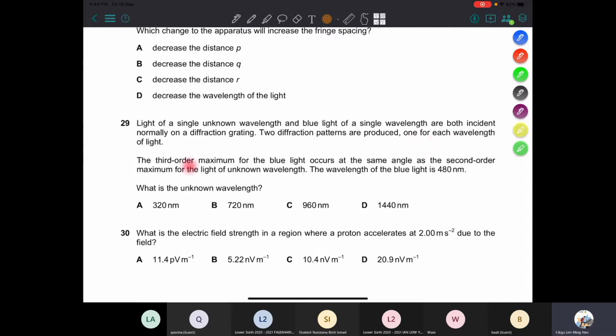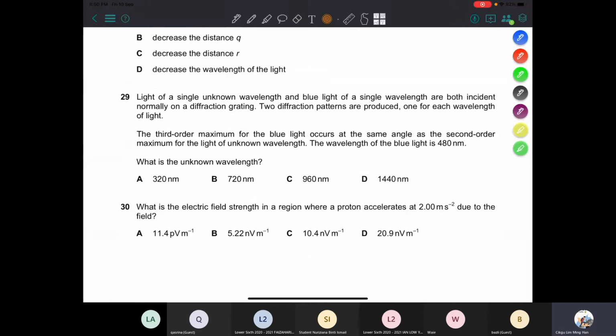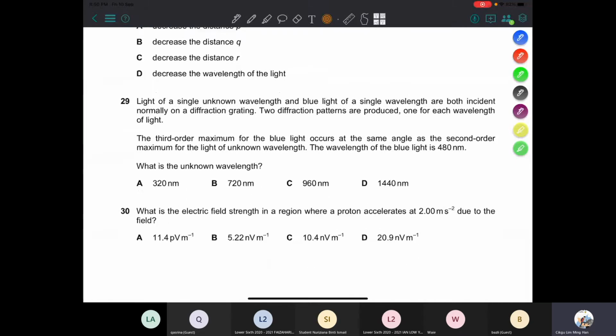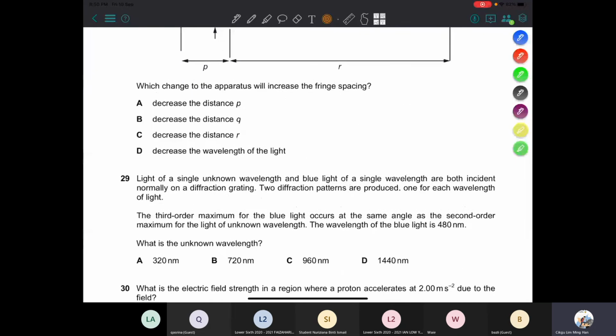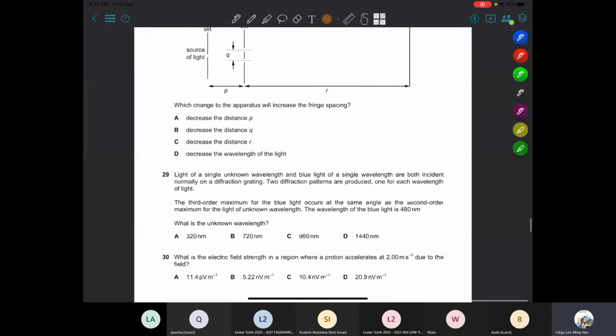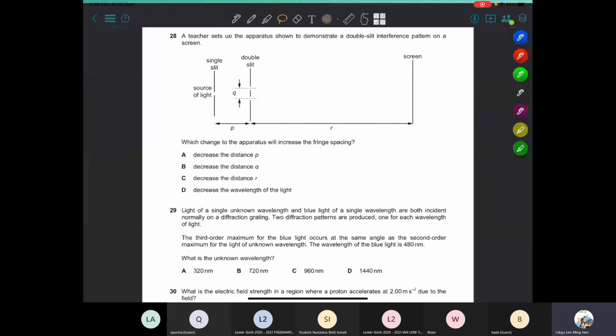The third order of the blue light occurs at the same angle as the second order of the unknown light. The wavelength of the blue light is 480. What is the unknown wavelength? Oh, so how are we supposed to do this? Maybe I cut and paste first so that you can see. Sorry, I'll just cut and paste first.